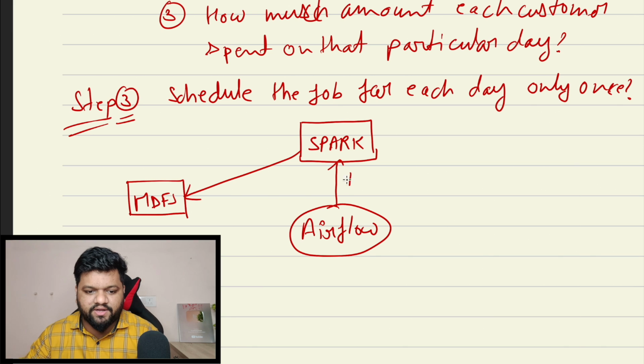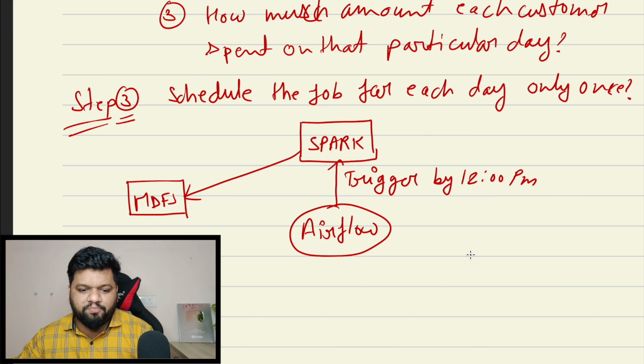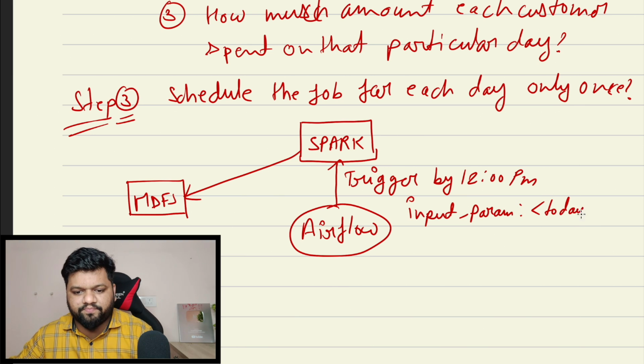So let me write it: trigger by 12 p.m. This Airflow job will trigger the Spark application, and the input parameter it passes will be today's date.